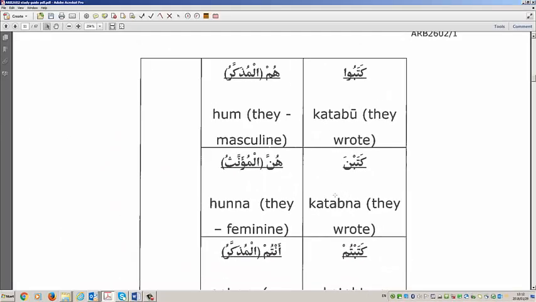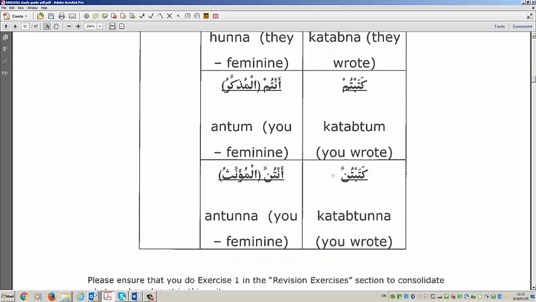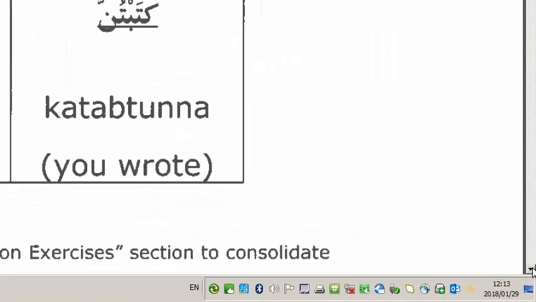Katabu, they wrote, for male. Katabna, they wrote, for female. Katabtum, you wrote, plural, referring to males. Katabtunna, you wrote, plural, referring to females.